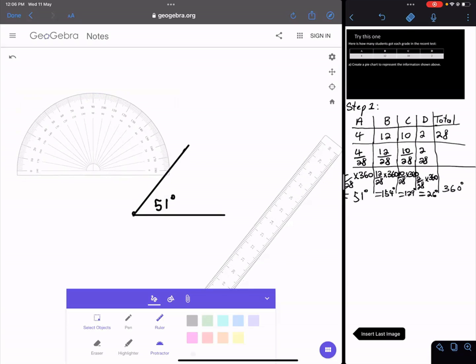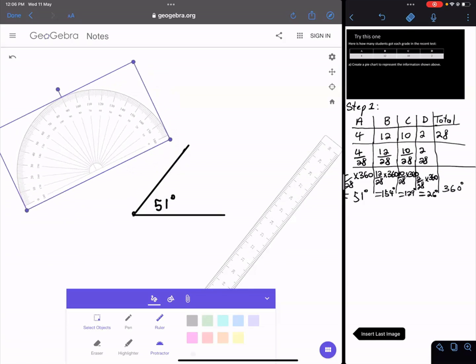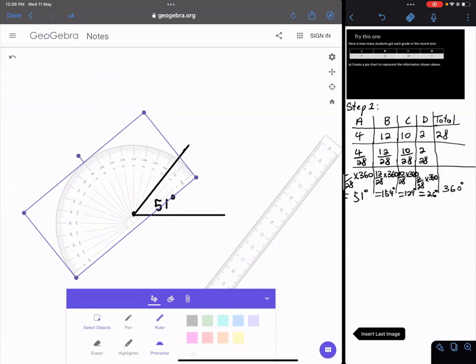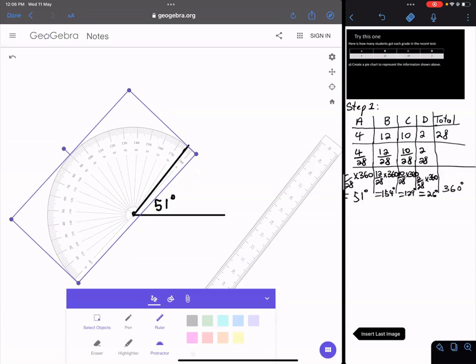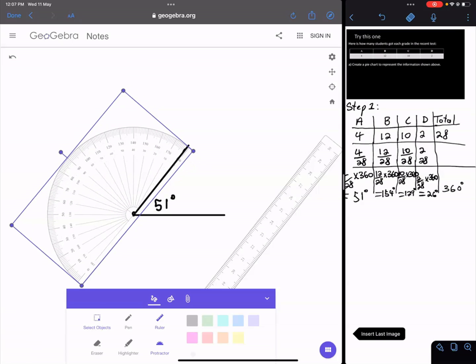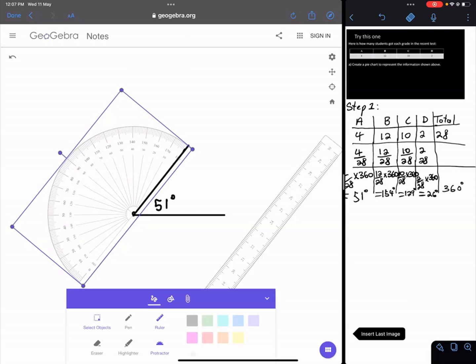So we're not going to use the line that we used before, we're going to use the line that we have just drawn, so that we can measure 154.